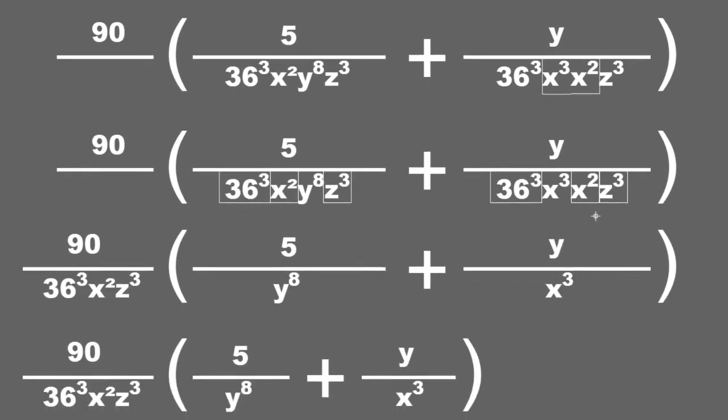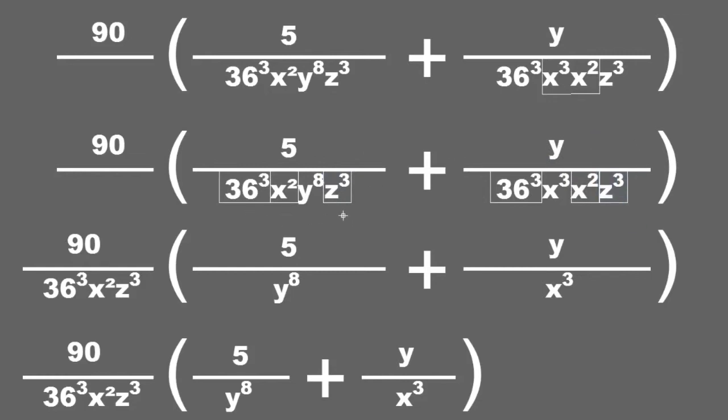The reason I separate them is because now I have in common 36 cubed here, 36 cubed here. I have x squared here, I have x cubed, which is not common, but right next to the x cubed I have the x squared, which I just wrote back, and the c cubed and also the c cubed.